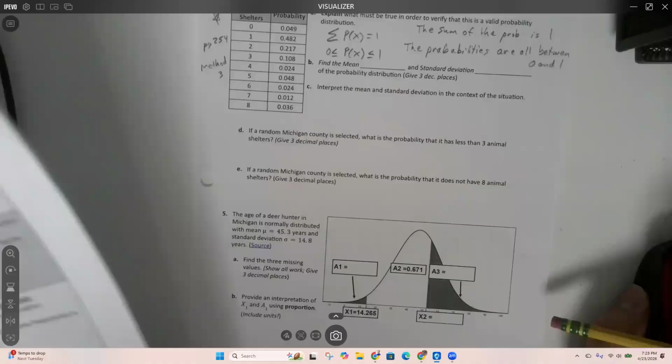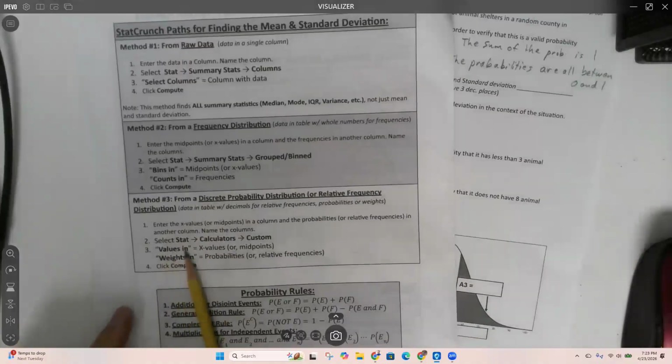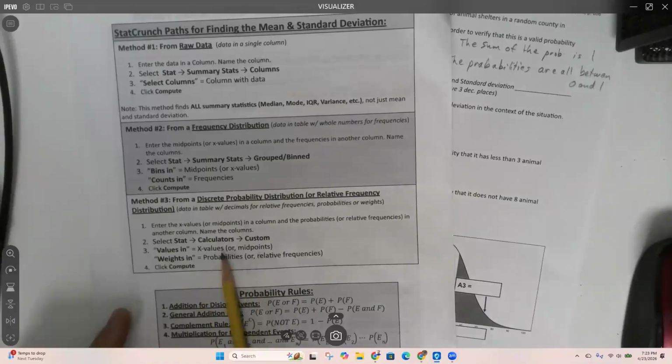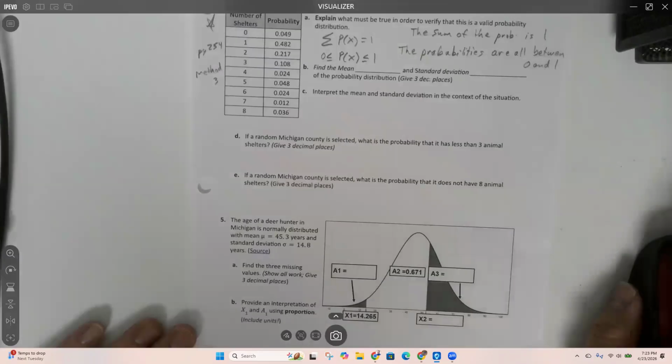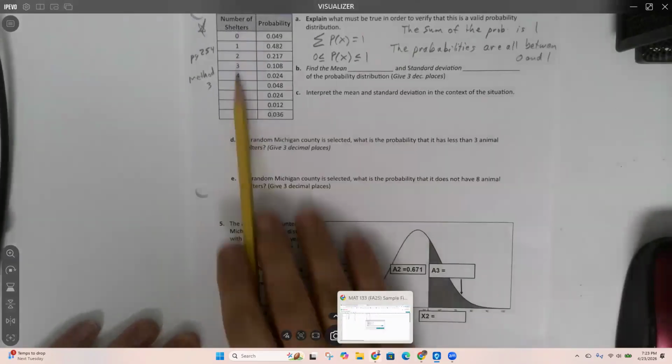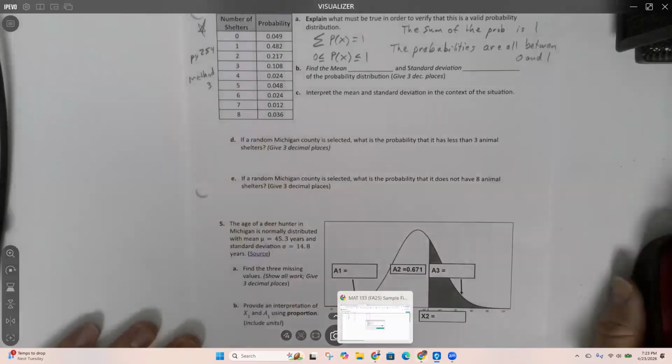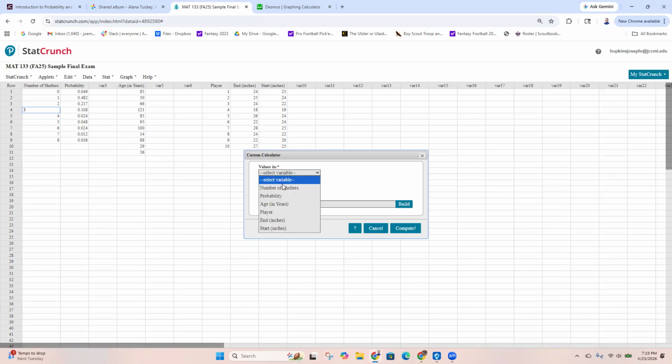The values are your X values, your whole numbers, so I want number of animal shelters. My weights are going to be probabilities.